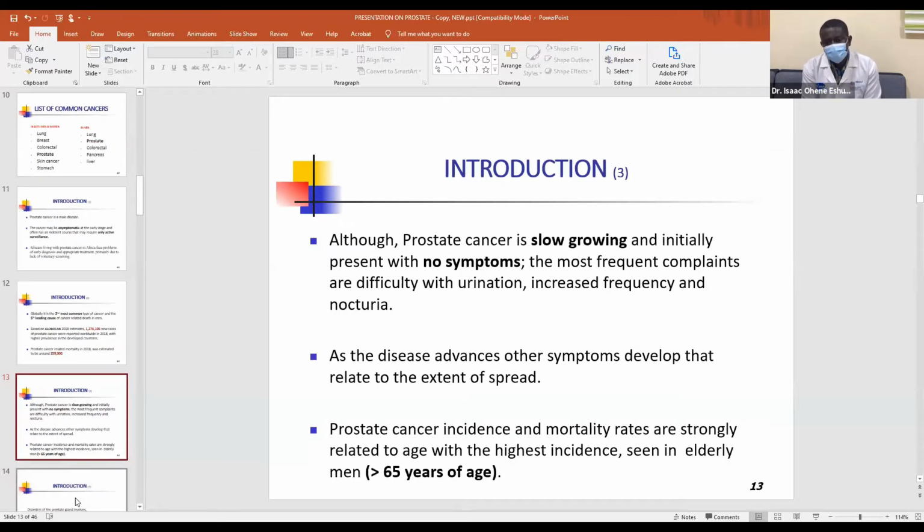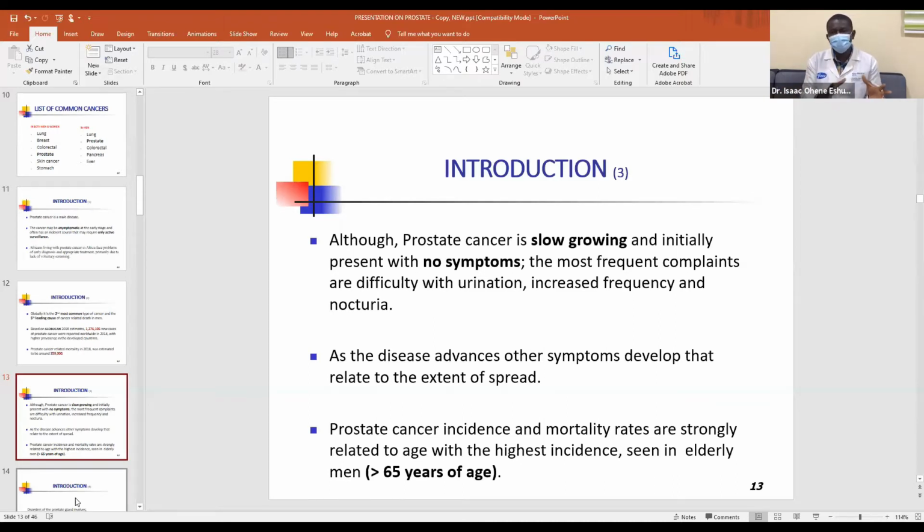So at this point, we have already mentioned in part that it's slow growing. So at the early stages, most people wouldn't experience any symptom. Now, once you start experiencing symptoms, the prostate cancer symptoms are not so different from the non-cancerous prostate condition. So here we are looking at BPH, that is benign prostate hyperplasia, and prostate cancer.